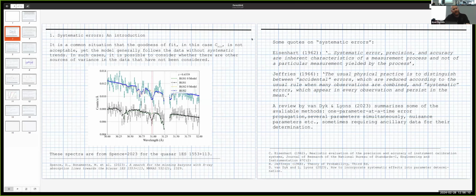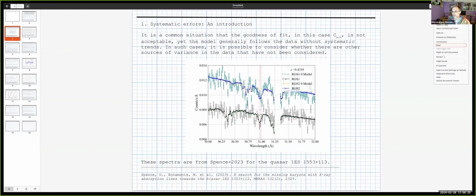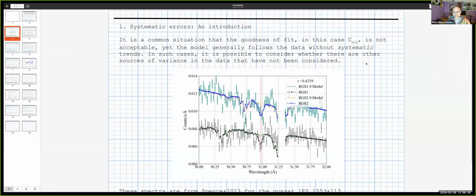Max, I think it would be better to change to one slide per screen, because the font is really hardly readable in the background. It is pretty small. Yes. Oh, okay. So let me try and do it. Let me try and do it like this. Maybe is it better?